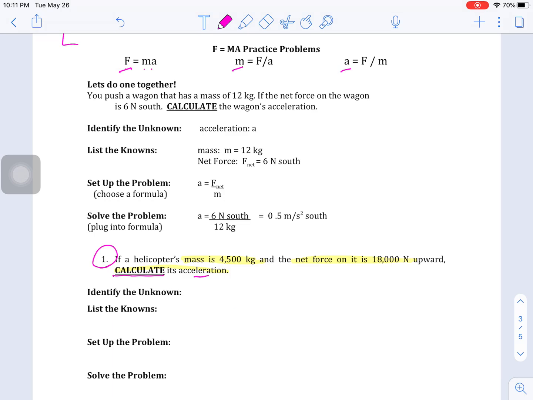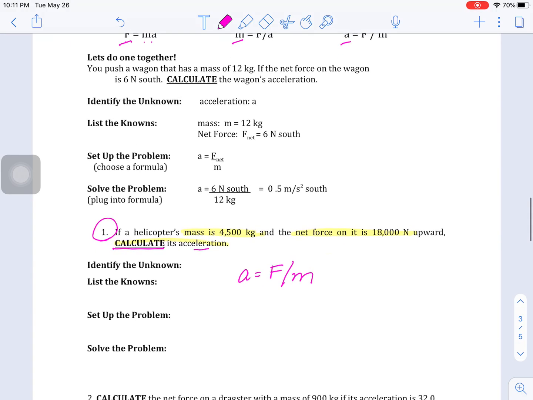So I need that third problem here. And you will have these available to you both on the homework check and the quiz. So you don't need to memorize the formula, you just want to be able to use it. So if I'm solving for acceleration, I need to know my force and I need to know my mass.